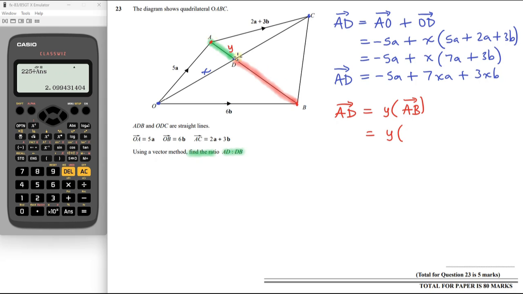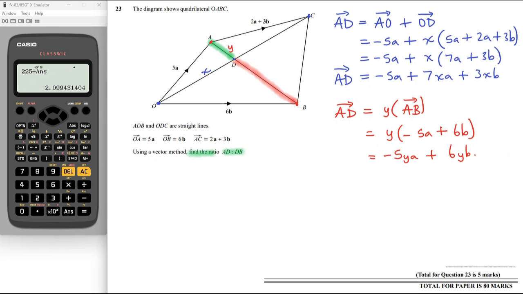To go from A to B, we can go from A to O, so that's negative 5a, and then from O to B, so that's plus 6b. And again, we can expand the brackets. So we've got negative 5 times ya plus 6 times yb.